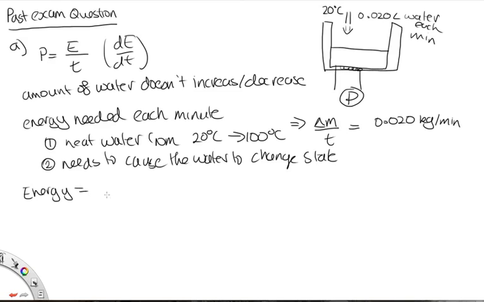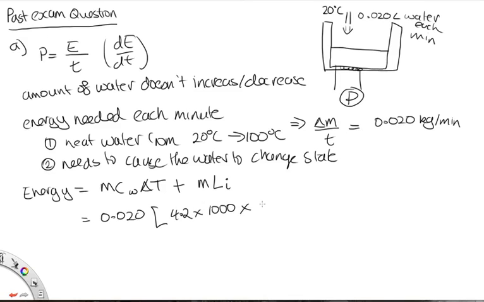We need to heat the water, so that's given by m c_W delta T. And then we need to change the state of this water, so that's given by m times the latent heat of evaporation. Each minute, the mass of water we're adding is 0.020 kilograms. The heat capacity of water is 4.2 kilojoules per kilogram per Kelvin, so this is 4.2 times 1,000.